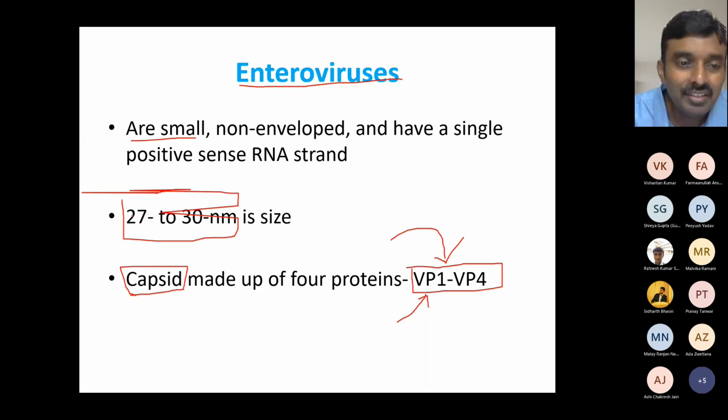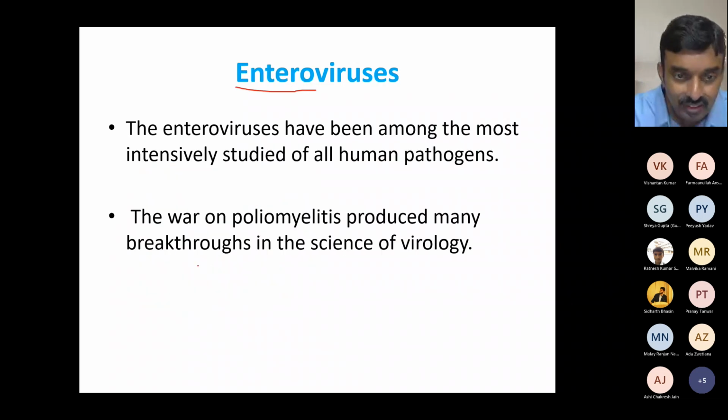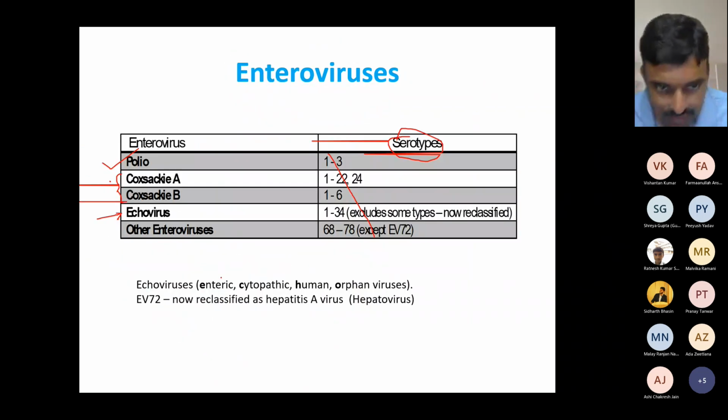Remember when we looked at this slide, I told you I'll tell you what echo is in a bit. So what does echo mean? Why were these viruses named as echoviruses? They were named as echoviruses because they were enteric, which means they could infect the intestine and you could isolate them from feces.